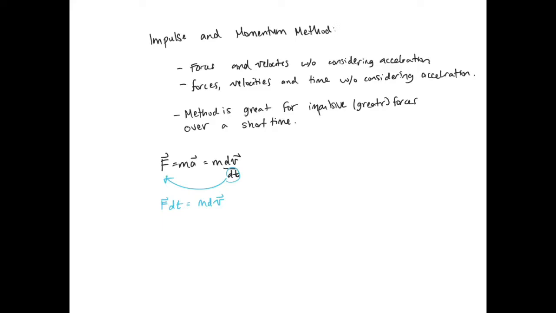Now we integrate both sides. Remember that the force could be changing with time, so we need to leave it inside the integral. But the mass in this course is never changing, so we can take it out of the integral. And I'm going to integrate from v1 to v2.